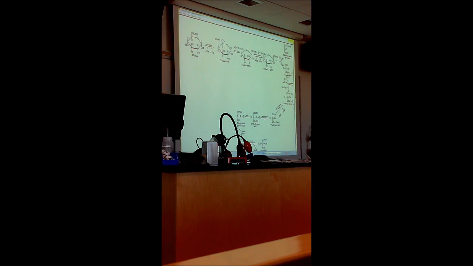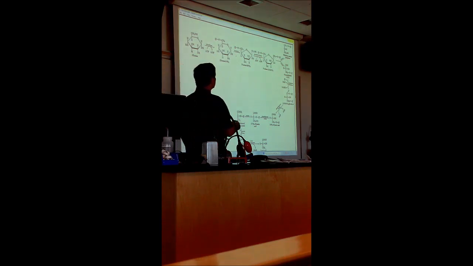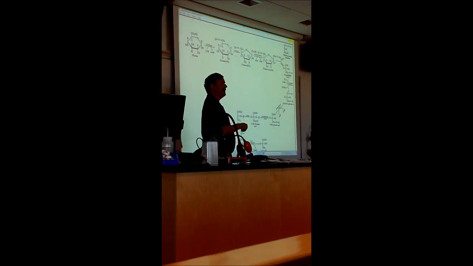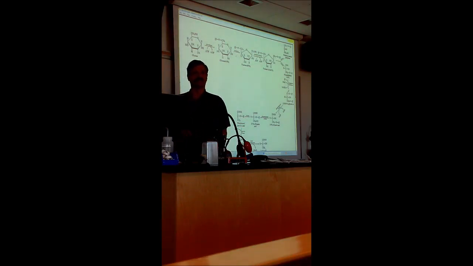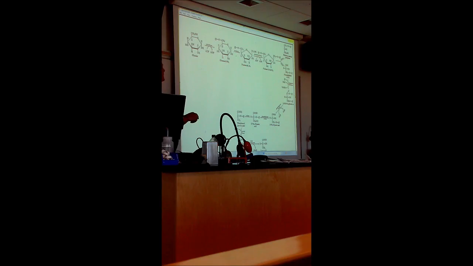That's all we need. The reason for that is to free up the number 1 carbon, to get the number 1 carbon out of the ring. Now we see the reason for that in the next step. The next step is another phosphorylation reaction, transferring a phosphate again from ATP over to, this time, fructose 6-phosphate, forming fructose 1,6-diphosphate.